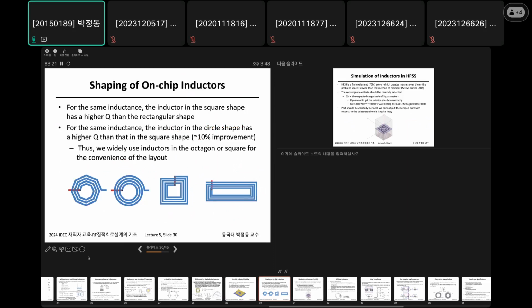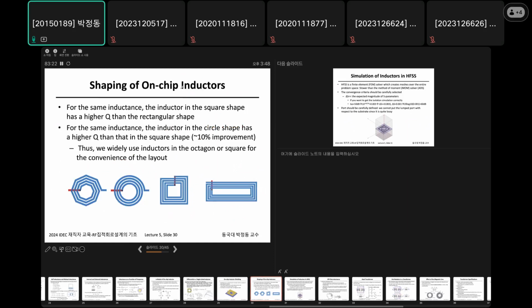Now let's talk about shaping of on-chip inductor. This is very clear, right? So as can be seen, inductor is actually length, mu, and area, and n squared, right? So what you have to do is, the resistor is also proportional to width and length, total length, right?